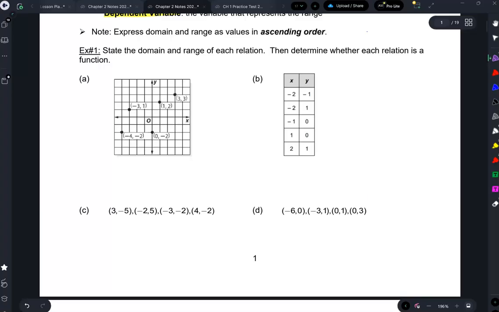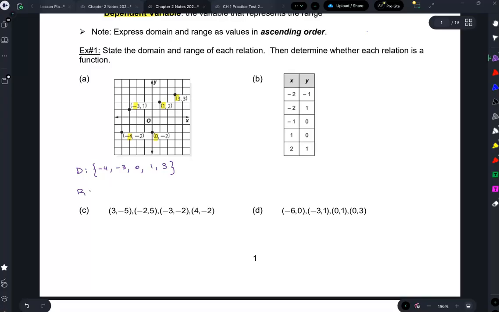Okay, so let's see. For the domain, first of all, values of a domain are put in these curly brackets. So what I do is I take all of the x values and put them in increasing order. So it's going to be -4, -3, 0, 1, and 3.